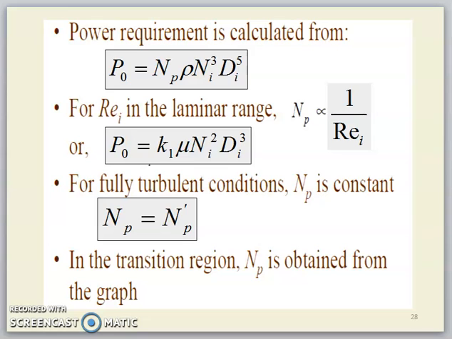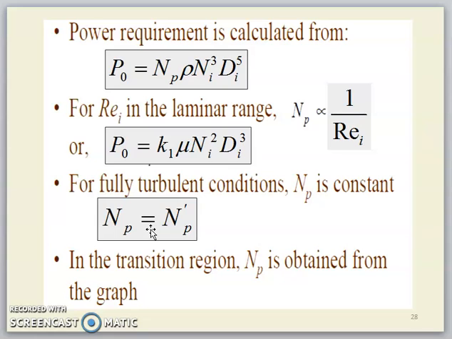And the power required for stirring of ungassed liquid is given by the equation here, where Ki is the proportionality constant. In the turbulent region, the power number is constant irrespective of the Reynolds number. So NP is the power number, here NP is the power number in the turbulent zone.